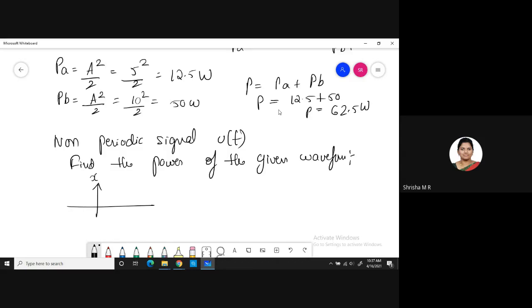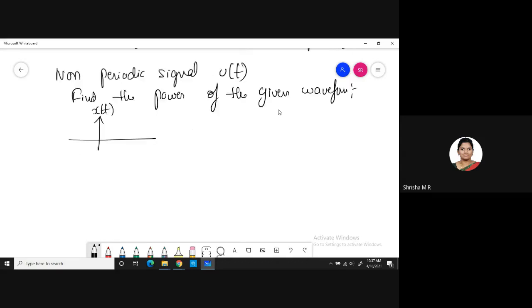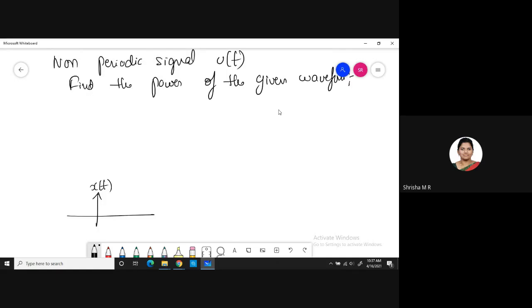You have x of t, and the signal is something like this. It is 0, and at t equal to 0, it is like this.